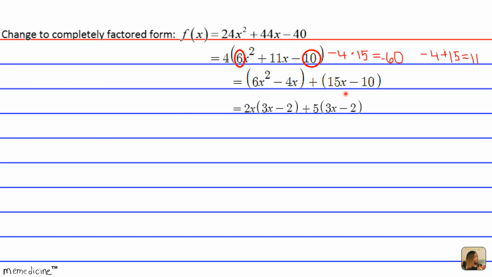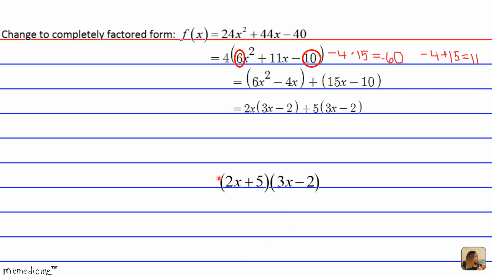So when we do that, we get 2x times 3x minus 2 plus 5 times 3x minus 2. How convenient. So now we can factor out the common term 3x minus 2, and we wind up with 2x plus 5 times 3x minus 2.